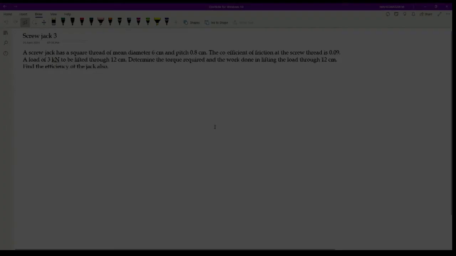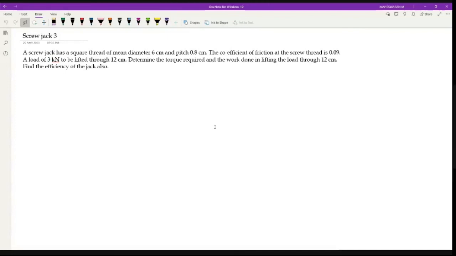Yes, sir. A screw jack has a square thread of mean diameter 6 centimeter and pitch 0.8 centimeter. The coefficient of friction of the screw thread is 0.09.